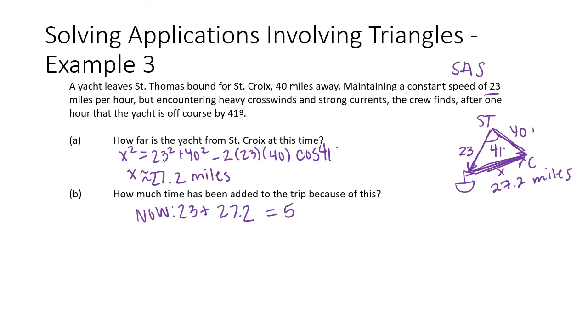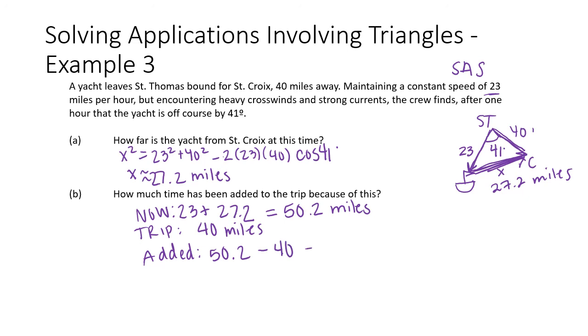They need to go 50.2 miles. The trip was supposed to be 40 miles. So how many miles did that add? Well, they now have to go 50.2 miles. The trip was originally supposed to be 40 miles, so they've added 10.2 miles to their trip.